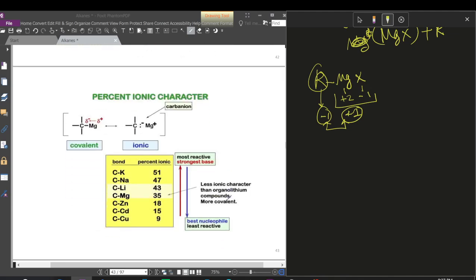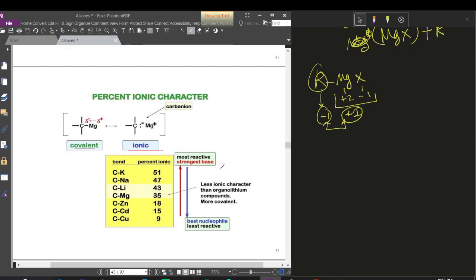And then for percent ionic character, we see that there is a covalent character and also an ionic character. So this is a mixture of the two. If we see the bonds of potassium, sodium, lithium, magnesium, zinc, cadmium, copper, the most reactive, strongest base is from lower to higher, and the best nucleophile or least reactive is from top to bottom.